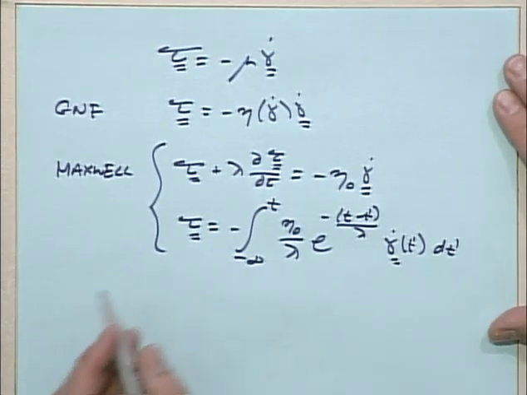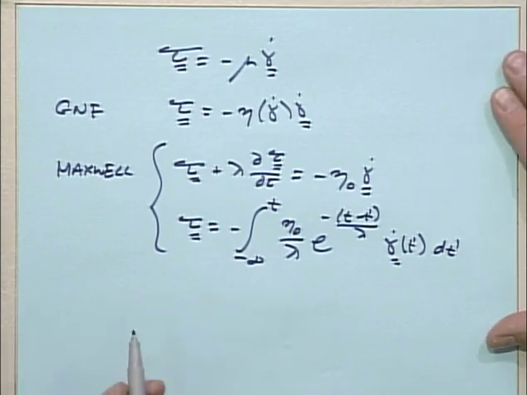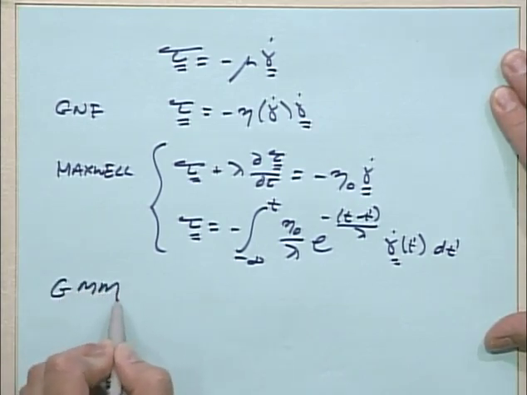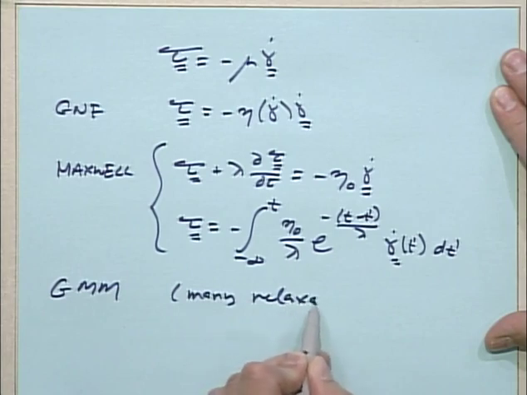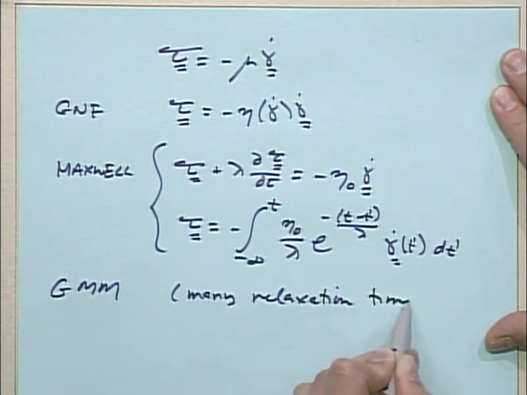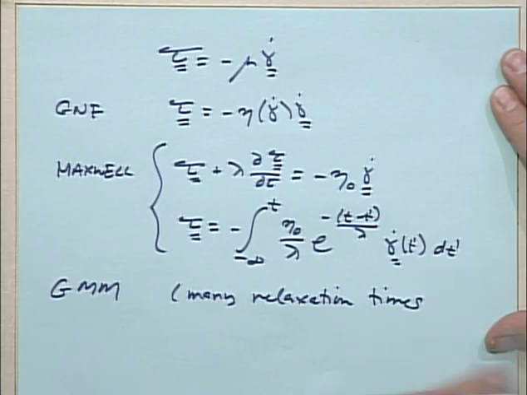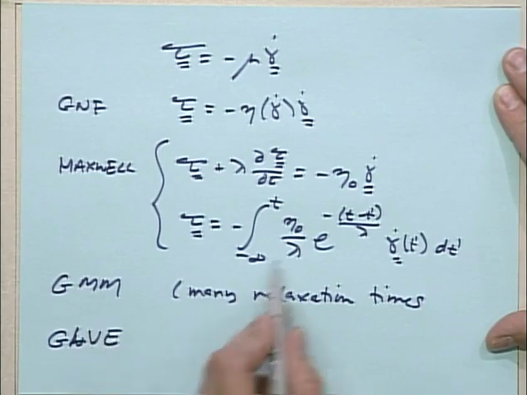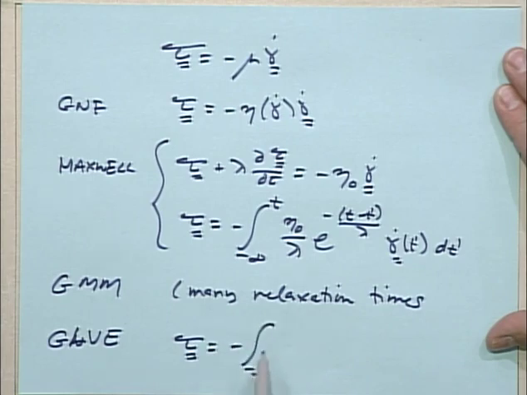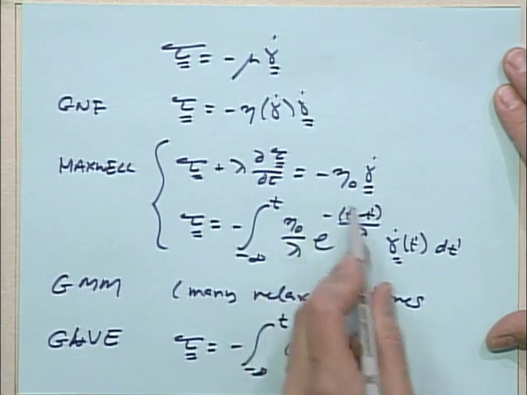Then we generalized this one to be the generalized Maxwell model, which is very similar but has a summation of relaxation times. I won't write that one out. And then we talked about the generalized linear viscoelastic model, which is this model completely generalized with an unspecified function in front of the gamma dot.